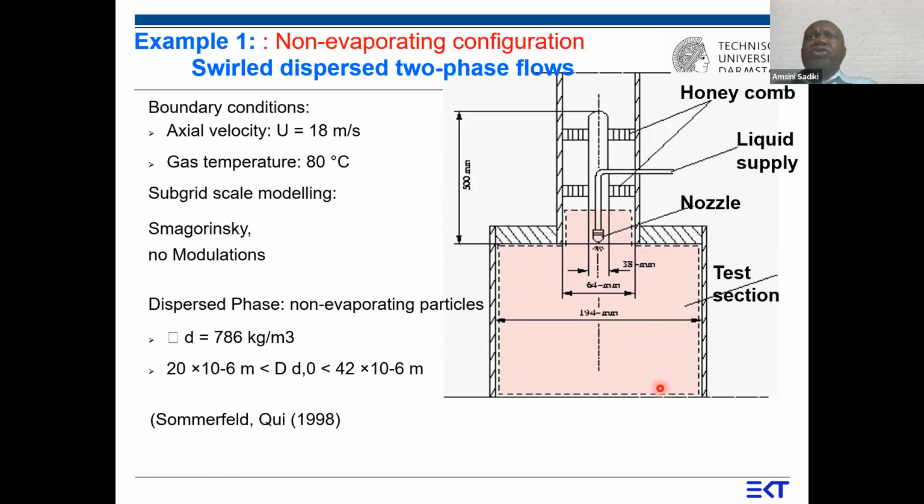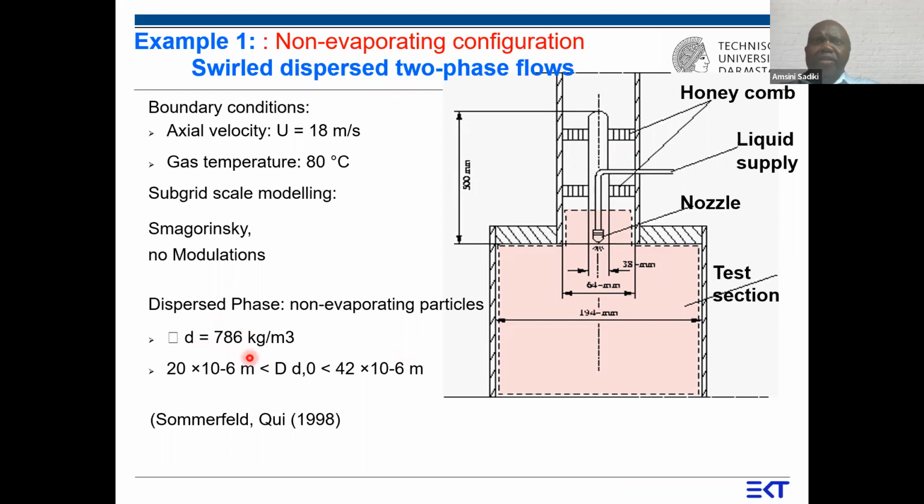but here I show you another application for the swirl dispersed two-phase flow. This is a configuration investigated by Sommerfeld. We have the particle here, we have the co-flow, and the particles which are injected here are at first non-evaporating particles, but after that we also use some isopropanol, but isopropanol will be shown when we consider evaporating cases.